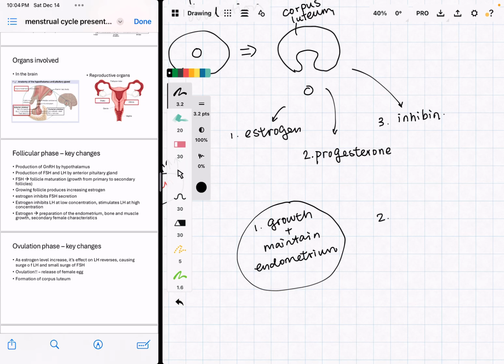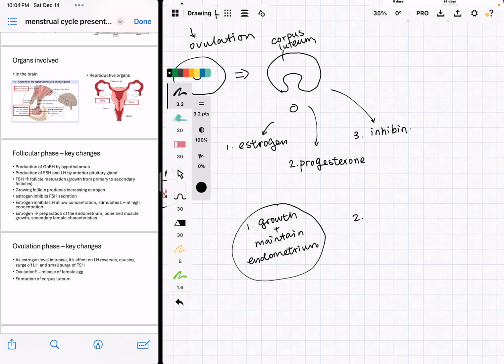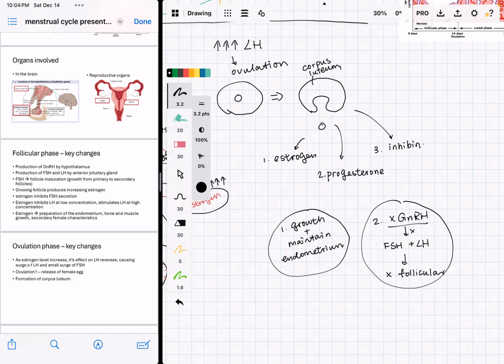And second of all, another function of the corpus luteum is that it's going to inhibit GnRH and subsequently inhibit FSH and LH, so that there will no longer be more follicular growth during the luteal phase. Okay, so now we're going to talk about the different roles of these 3 hormones.